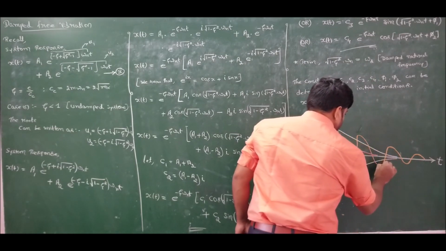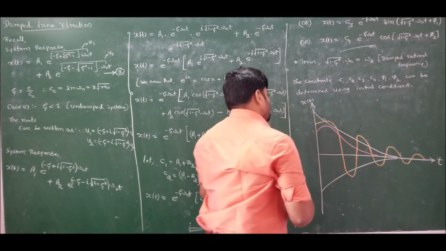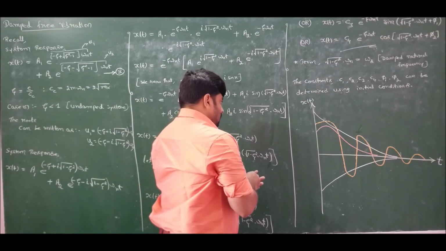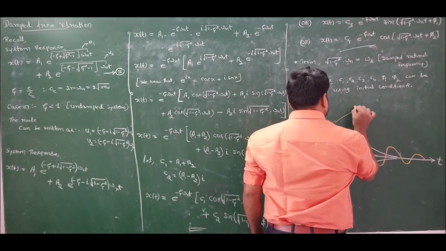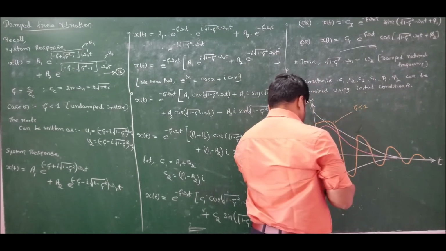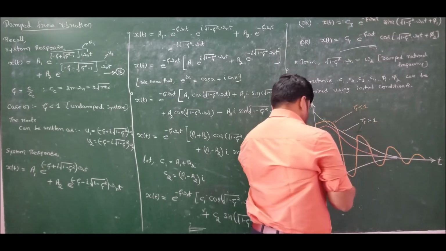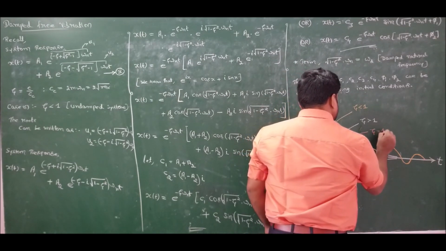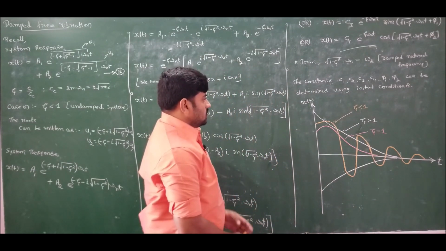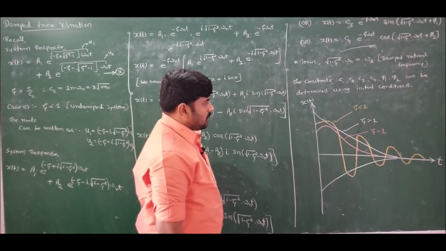So the system response will be in waveform like this for underdamped system. This is the system response for zeta less than 1, this is for zeta greater than 1, and this is the system response curve for zeta equal to 1. This is how we observe the variation of system response for these cases.